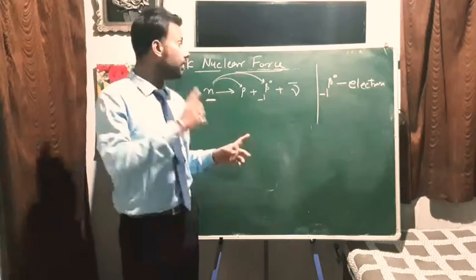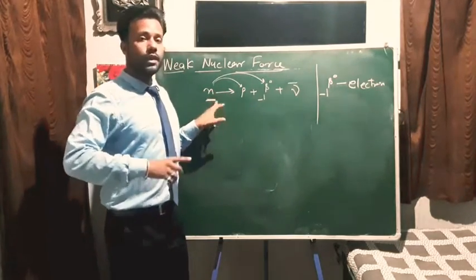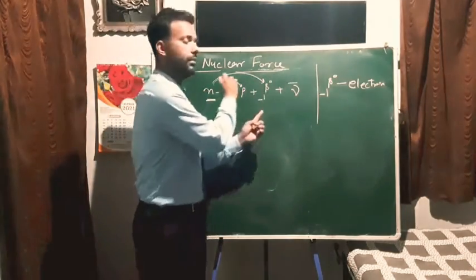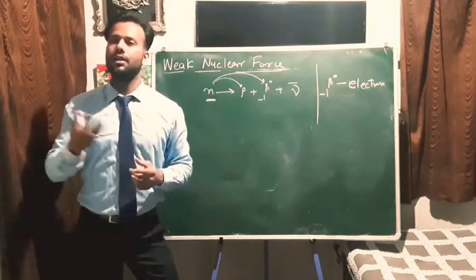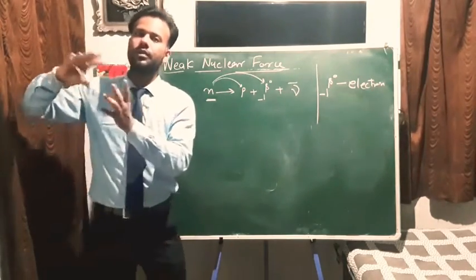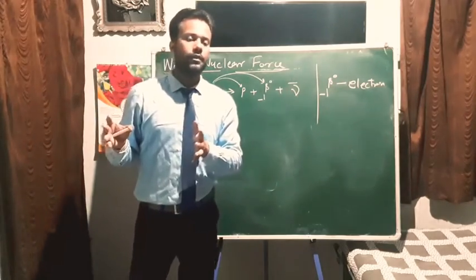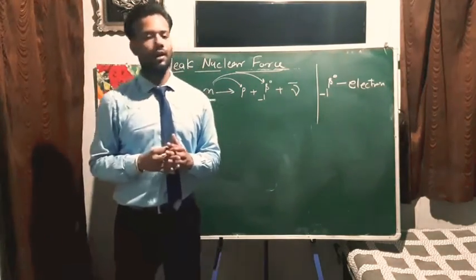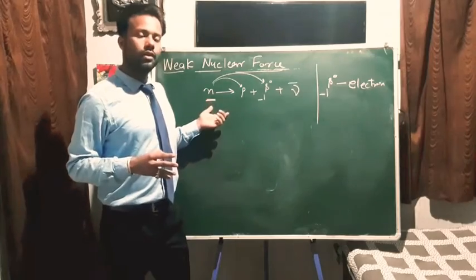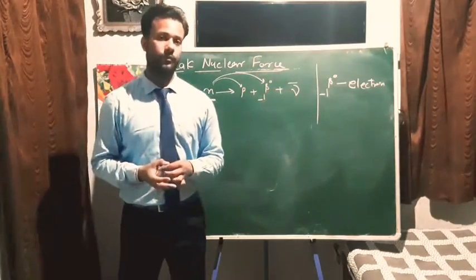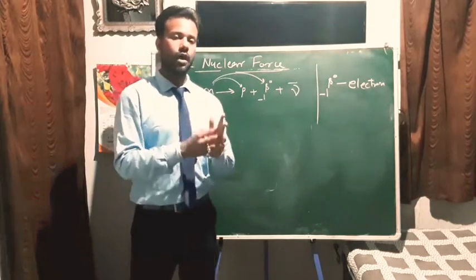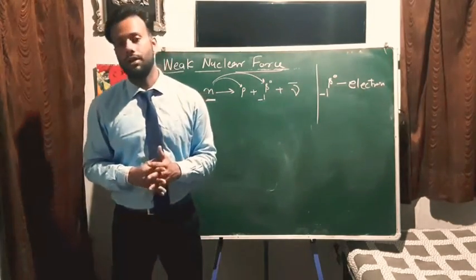But the neutron is also interacting with the beta particle, which is an entirely different kind of particle. So how are they interacting? How does this neutron convert into the proton and the electron? One type of particle is converted into another type of particle.